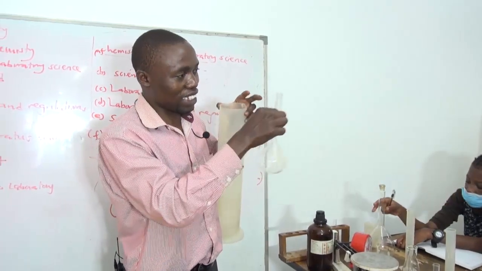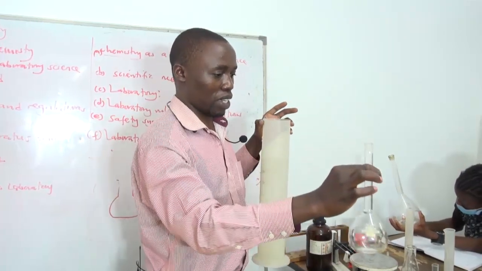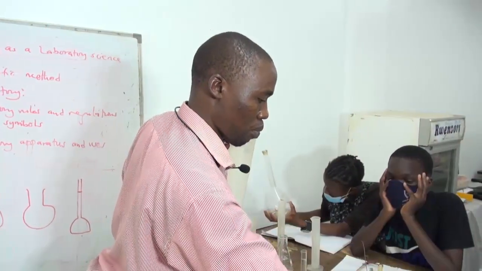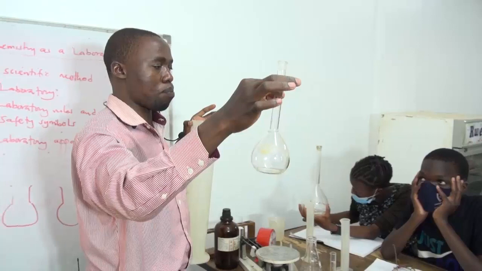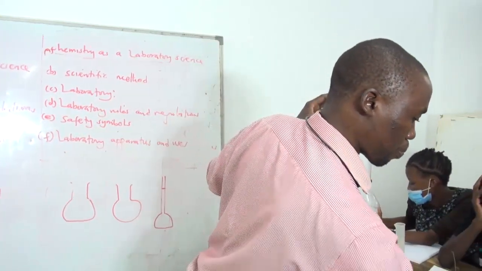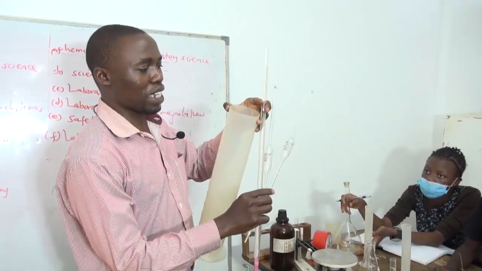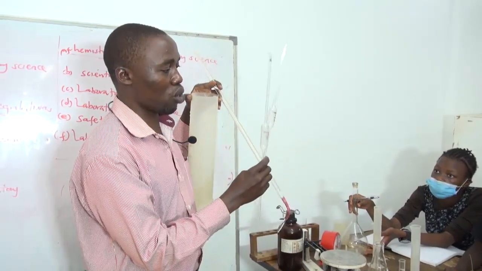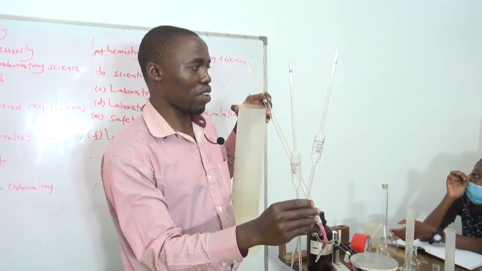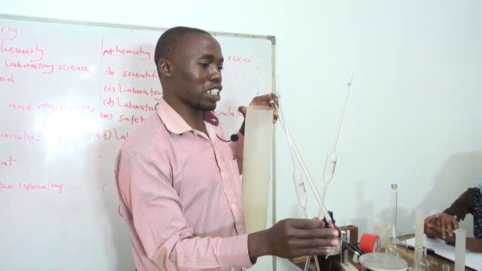This measures fixed volume and is very accurate. This is the most accurate apparatus, called a volumetric flask. These two also measure volume. This one also measures fixed volume because it is written only 25. They can write 25, 10. What they write on is what it measures, a specific volume.